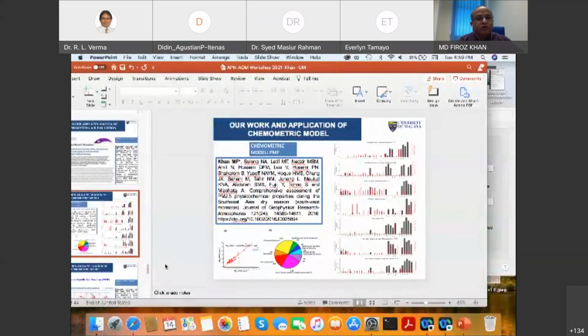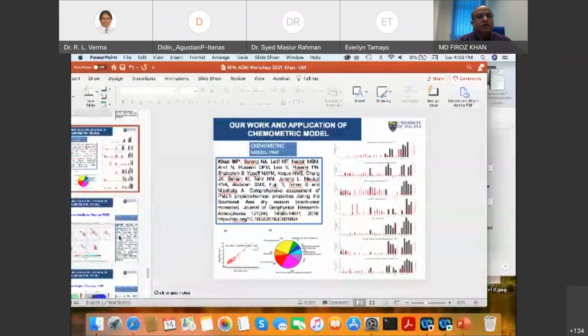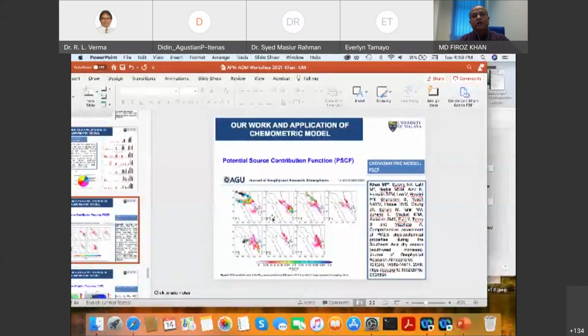Now let's move on. Time is limited here. The emission sources, by using the chemometrics model that we have shown here, we can identify quantitatively. Those emission sources we can also integrate with a statistical function, potential source contribution function, PSCF, and we can define the source region. For example, factor 5, you can see it is more influenced by the Sumatra region, right?